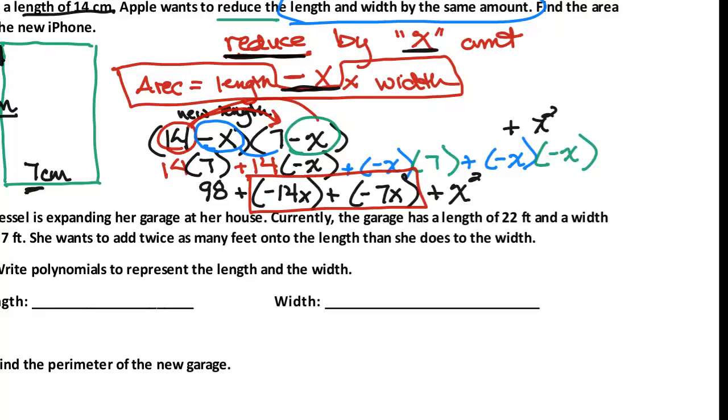Let's put it in standard form. So x squared is going to be first. I've got negative 14x and a negative 7x. So that's an even bigger negative. That is negative 21x. And my last number, which is a constant, plus 98.